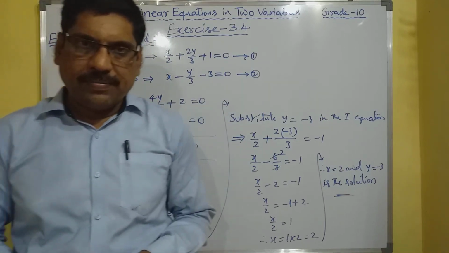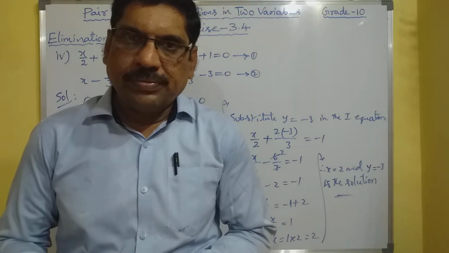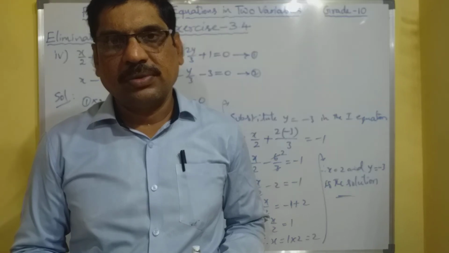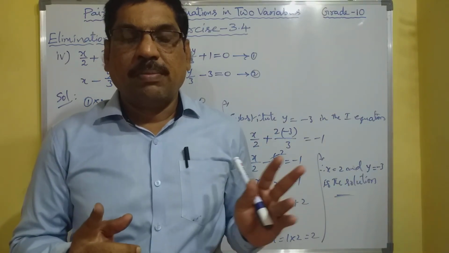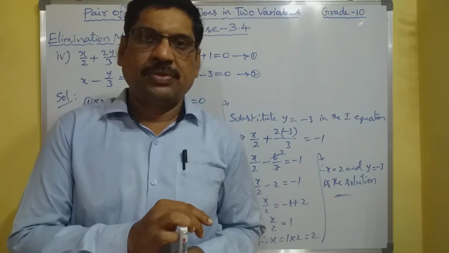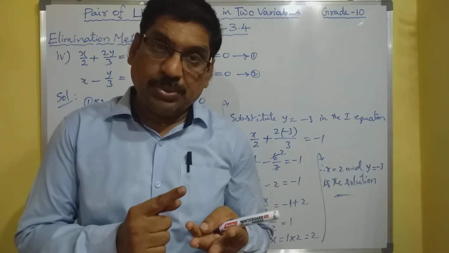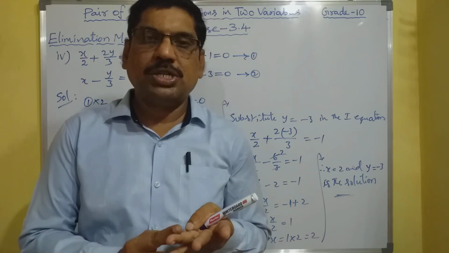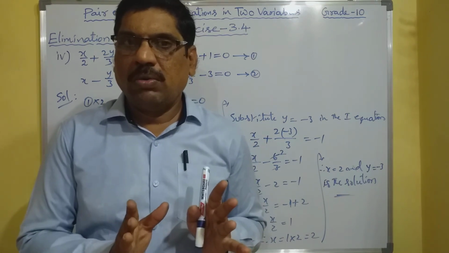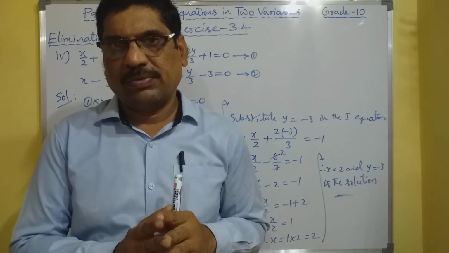Okay, in this way, we can solve a pair of linear equations by using elimination method. So as of now, we have learnt the substitution method and elimination method to solve any pair of linear equations.